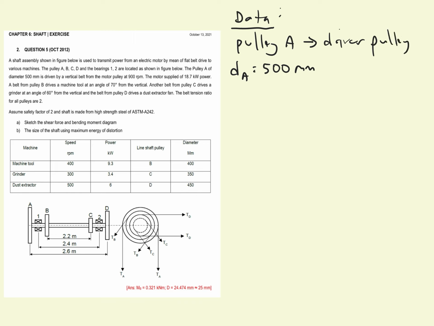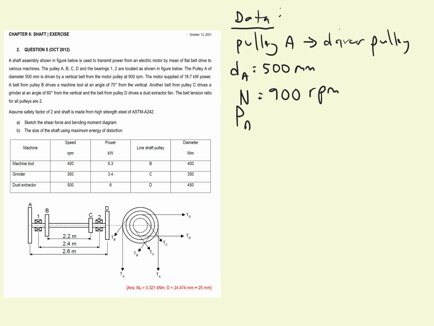And then given that the speed of the pulley is equal to 900 revolution per minute. The motor supplied power 18.7 kilowatt to the pulley A. So the value of power given to the pulley A from the motor is equal to 18.7 kilowatt power.